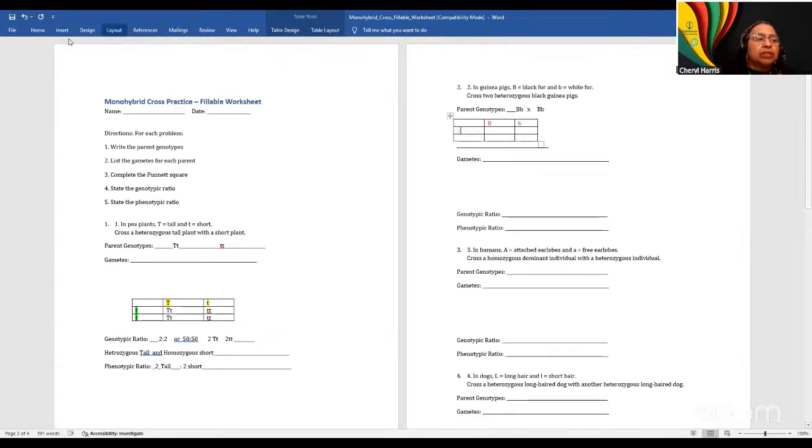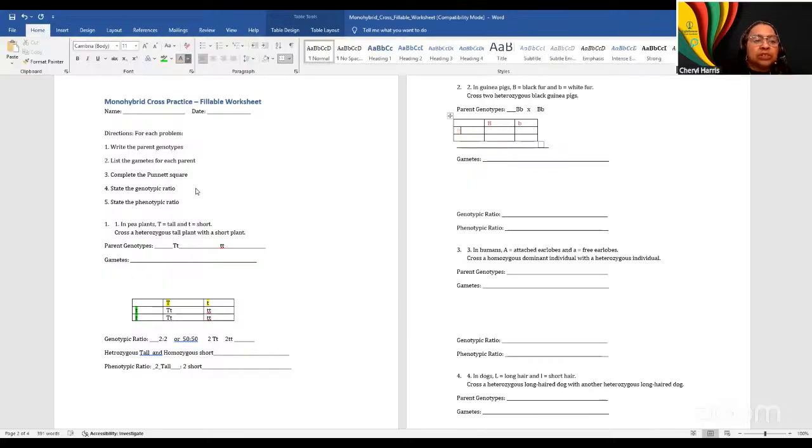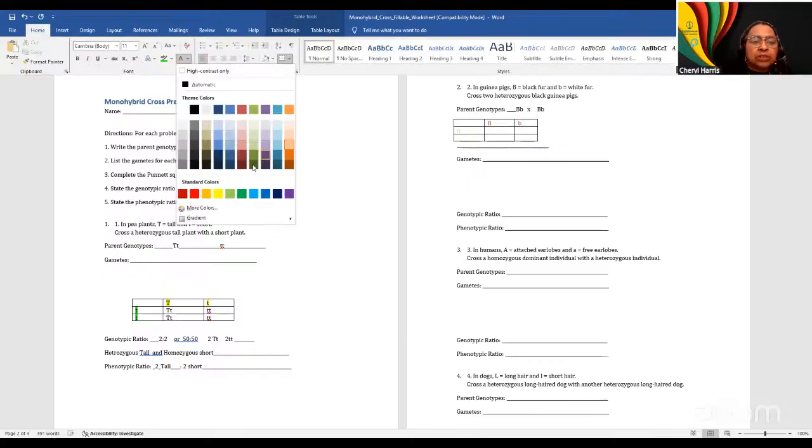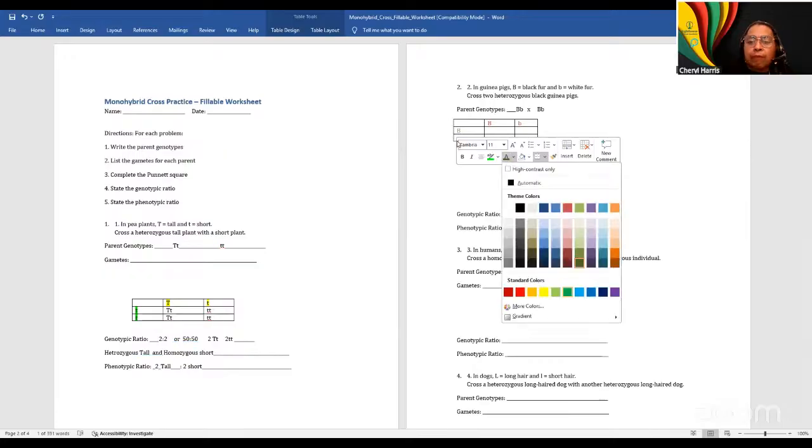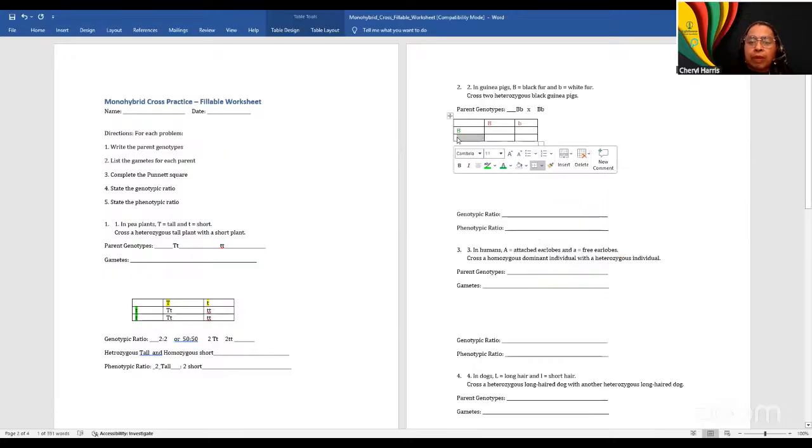Make it a color that you can see. So let's stick with green. B, and we're going to make that green also. Okay, we've done our gametes.